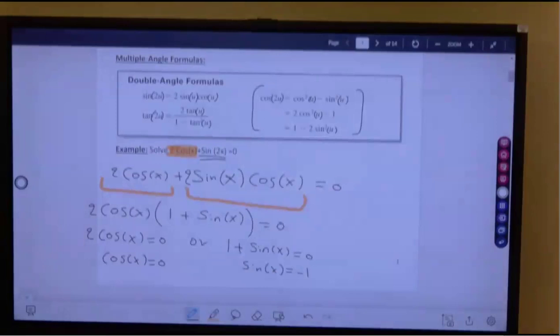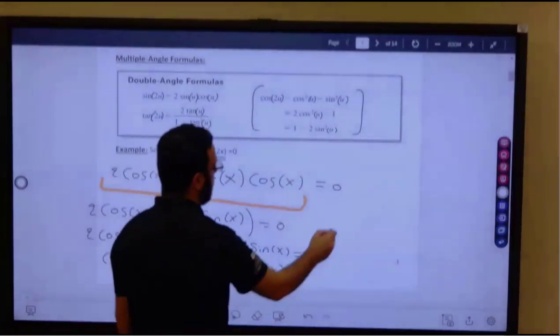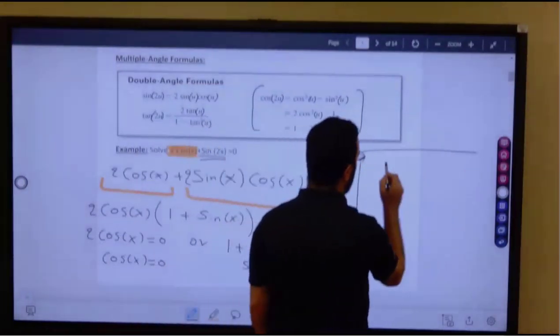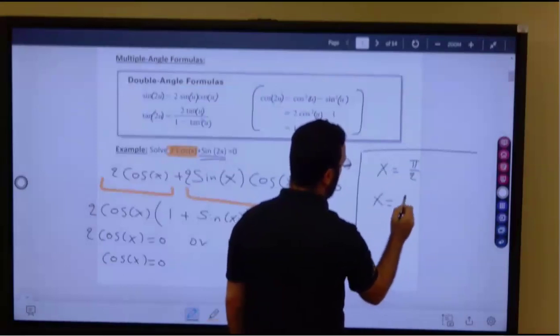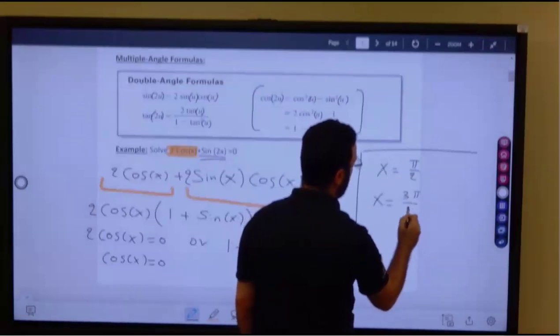In this case, we need to go back to the circle to locate the angles, which are pi over 2 and 3 pi over 2. That means if you go back to the circle, x is going to be pi over 2, and x is going to be equal to 3 pi over 2.